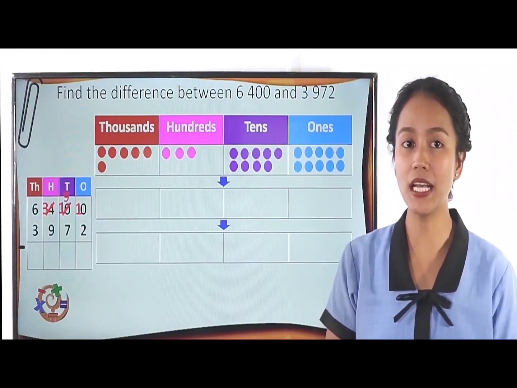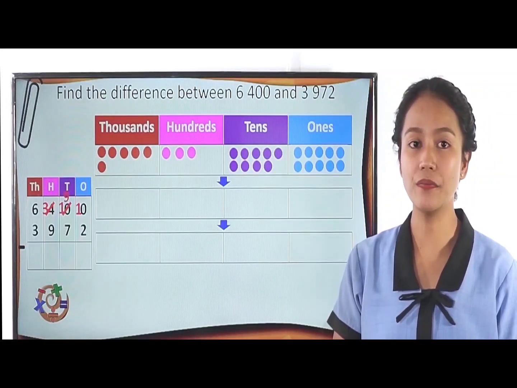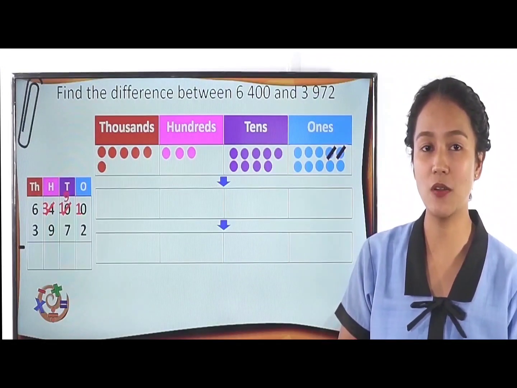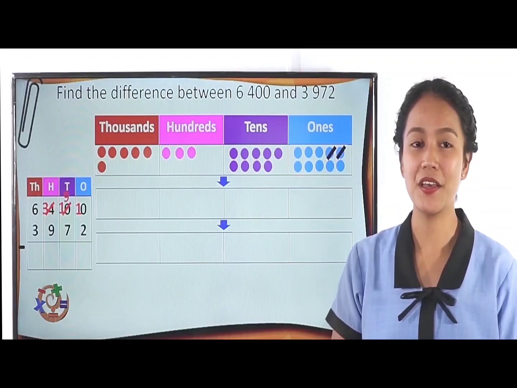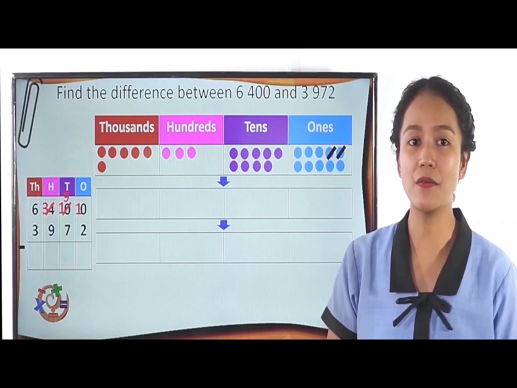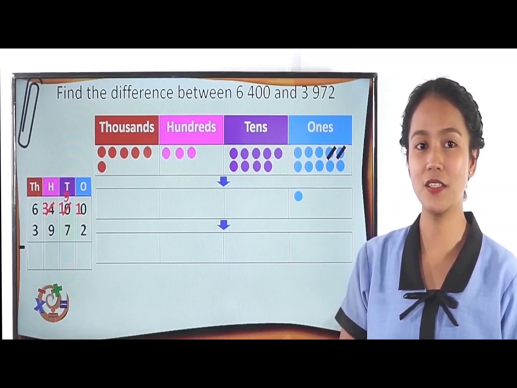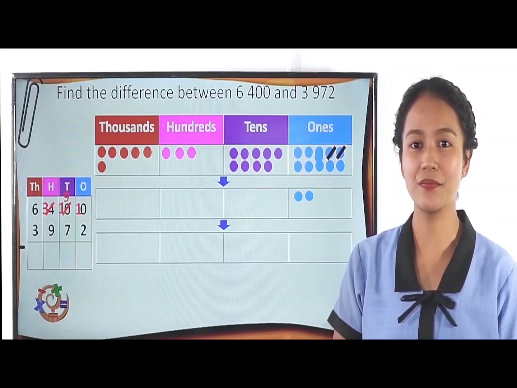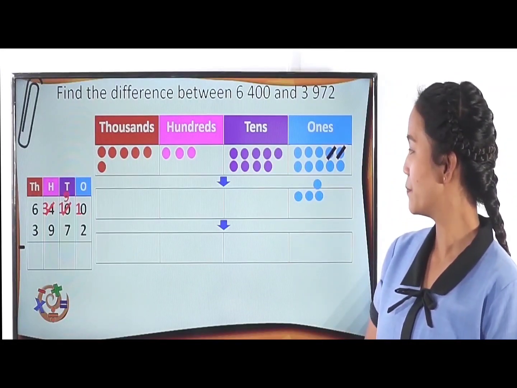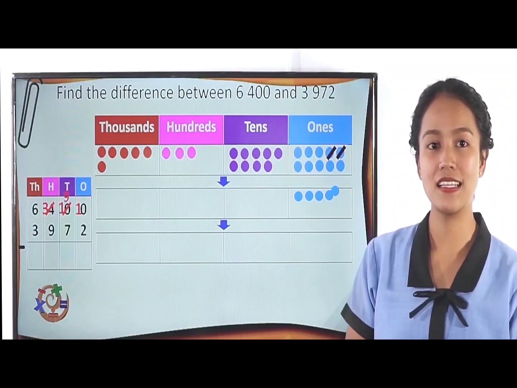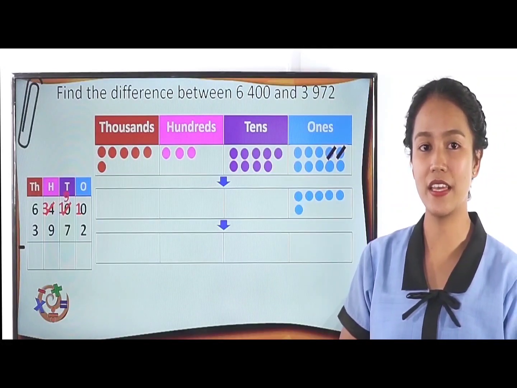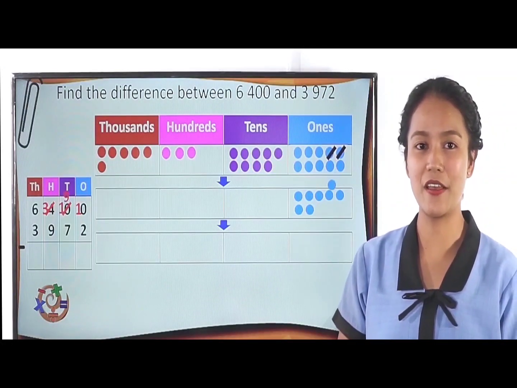Look at the ones column. We should remove 2 counters from 10. So, 1, 2. How many counters are left? Very good. There are 1, 2, 3, 4, 5, 6, 7, 8 ones left.